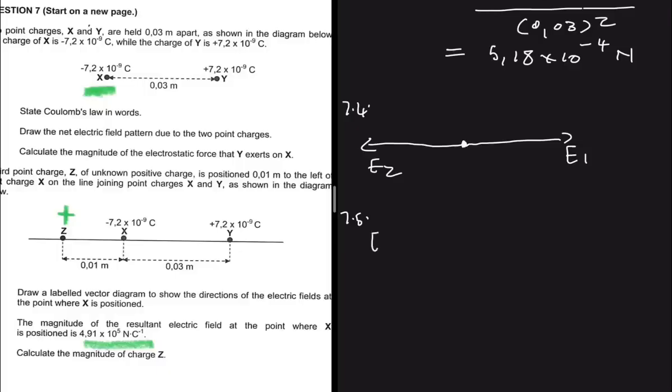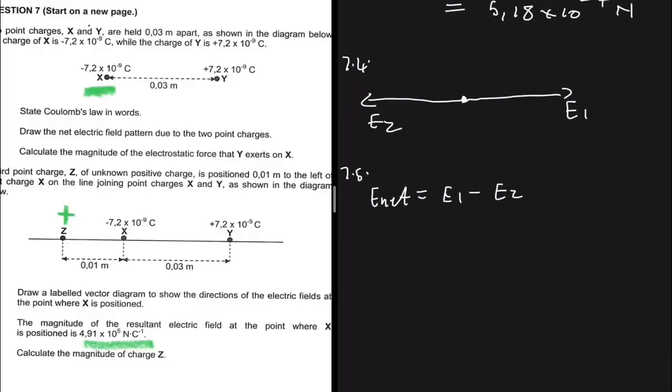So the resultant electric field will be equal to E1 minus E2, right? As we can see that they are pointing in opposite directions. So E net is 4.91 times 10 to the power 5. And then E1, we don't have E1, right? That is what we're going to use to find the charge of Z. So we have E1 minus E2.